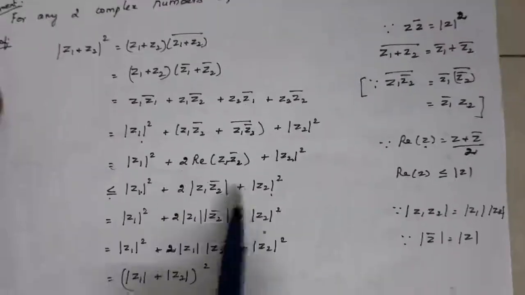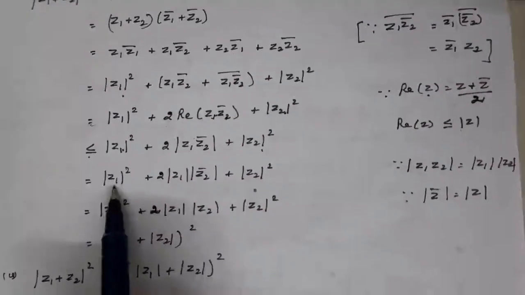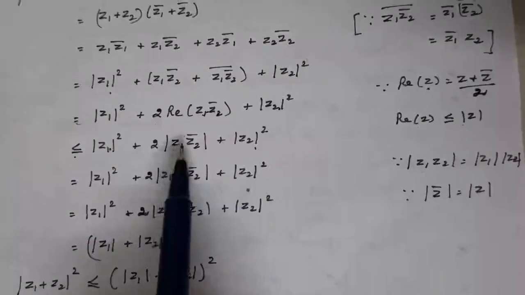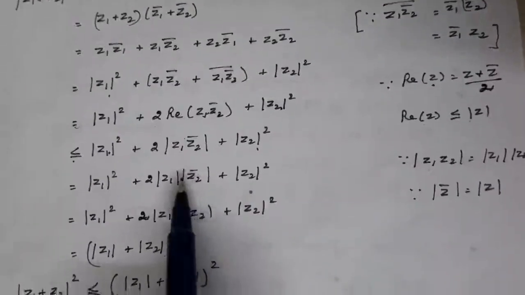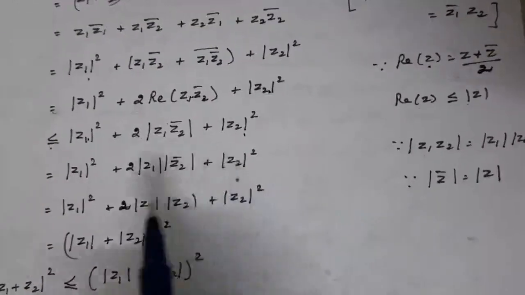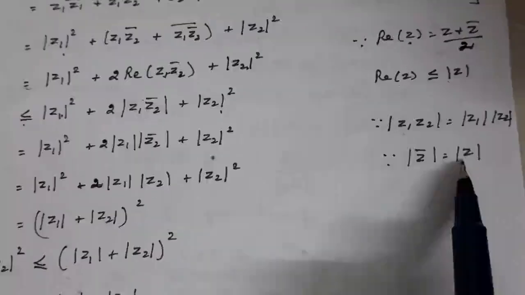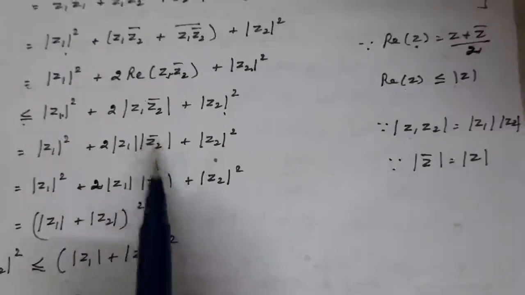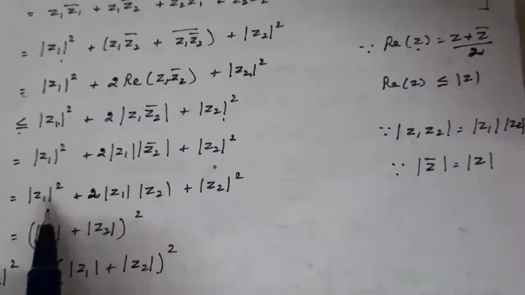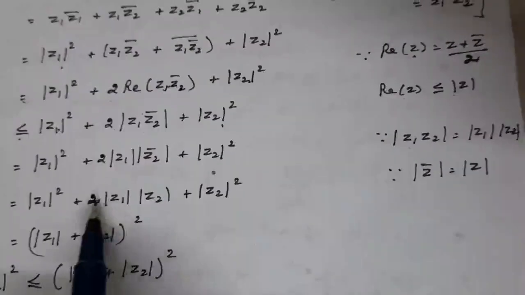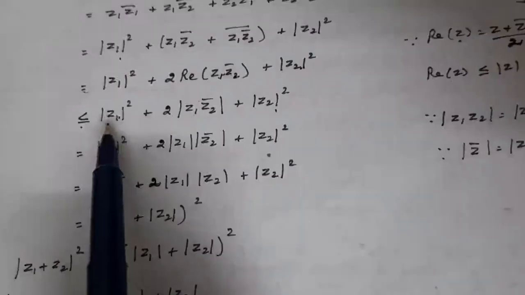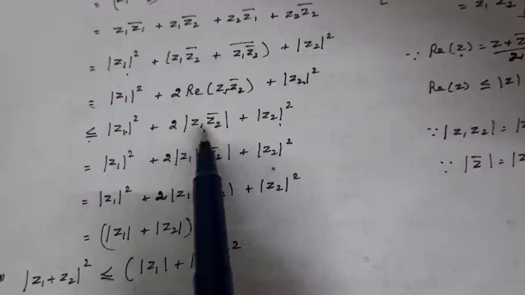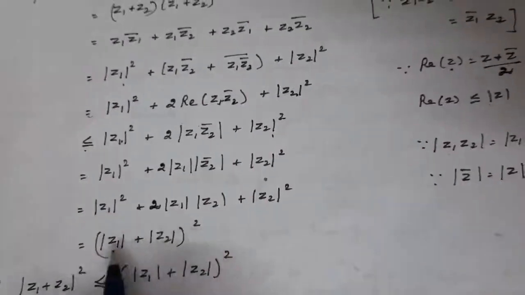So this one is equal to modulus of Z1 squared plus 2 into, as modulus of Z1 Z2 is equal to mod Z1 into mod Z2, we can write it as modulus of Z2 bar, plus modulus of Z2 squared. Again, modulus of Z bar and modulus of Z are equal, so this can be written as modulus of Z2. Now look at this, it is in the form a squared plus b squared plus 2ab, so we can write it as a plus b the whole square. So this one has been converted into this one.